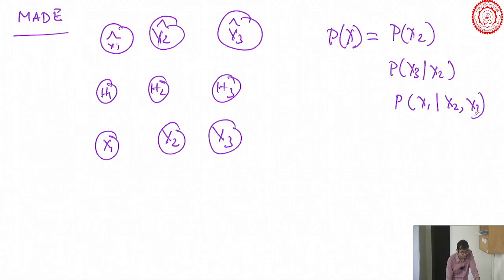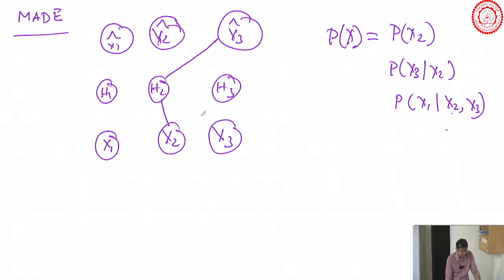That means this x2 hat should not be connected with any edges. X2 hat should be independent. X3 should be connected with only x2. So let's say something like this. Okay.